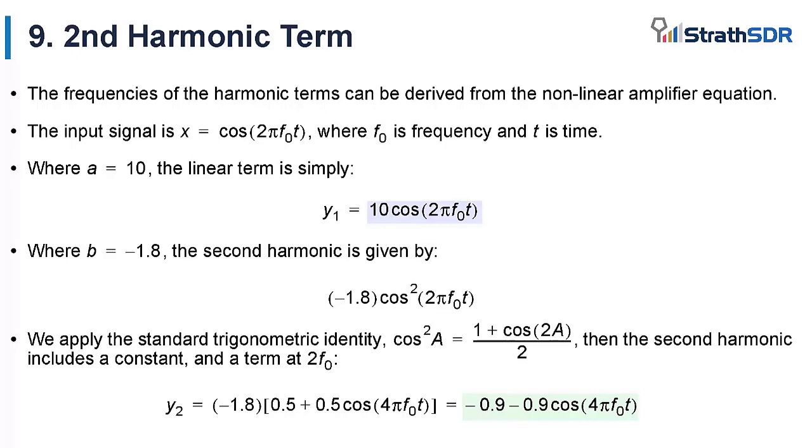In this case, where the gain coefficient A is 10, and the second order coefficient B is minus 1.8, we derive that the additional output terms as a result of the second order term are minus 0.9, so that's a DC term, and a cosine term at twice the frequency of the input.